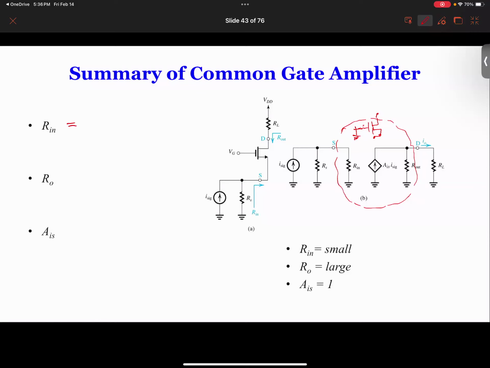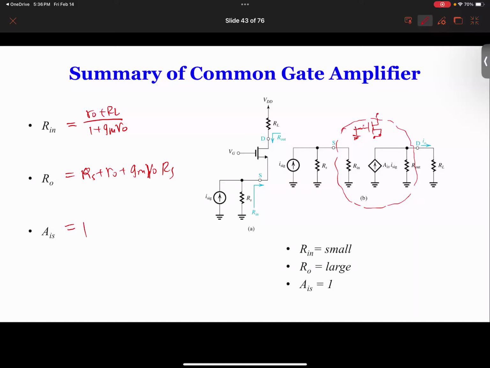We can write the actual expression: R in is going to be RO plus RL divided by 1 plus GM RO, and output is going to be RS plus RO plus GM RO times RS, and the gain is almost 1.